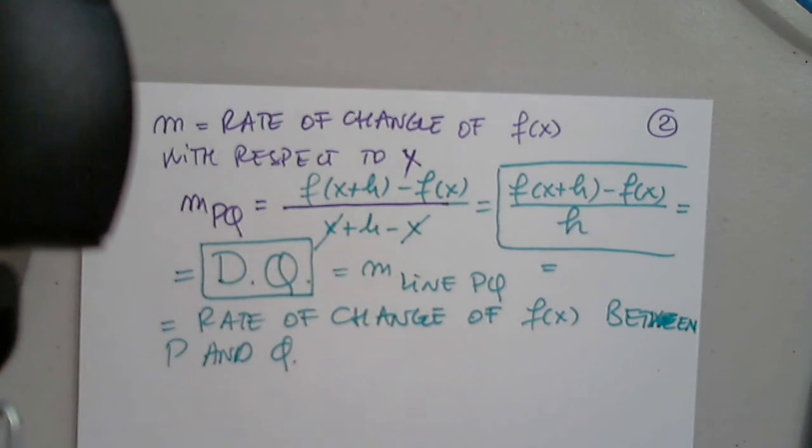Okay, so now let's go back and pick any function you want. I'm going to share my screen. Pick any function you want, either quadratic or rational, or both, so we can determine the difference quotient for those functions.